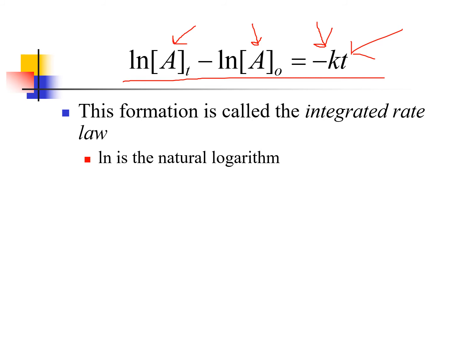So you could do a few different things with this. You could be asked: the initial concentration is 5 molar, after 30 seconds, what's the new concentration? So 5 molar would go there, and time would go there, and then you solve for that. That is absolutely something you could do.